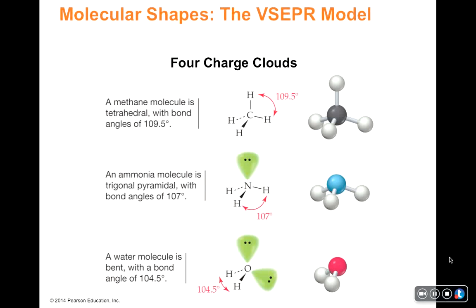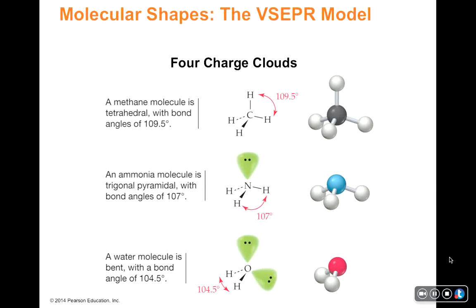And here's an example, or several examples. So methane at the top, 4 bonded atoms, and so that shape that you end up with is tetrahedral. Bond angles are 109.5 degrees. The ammonia molecule in the central part has just 3 bonded atoms, so its shape is trigonal pyramidal, and you can see the shape there on the far right.